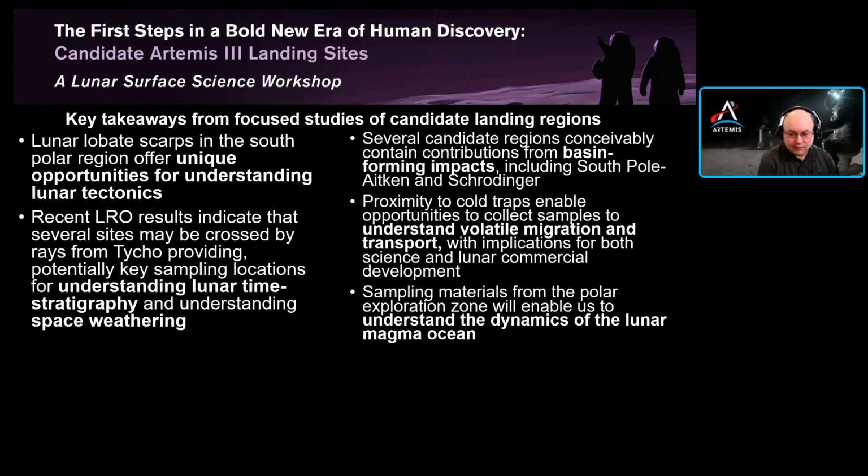And sampling materials from the polar exploration zone will really help enable us to understand the dynamics of the lunar magma ocean. So all of these are potentially not necessarily surprises to this community, but it's really important to get that publicly stated and have the discussion. Next slide, please.